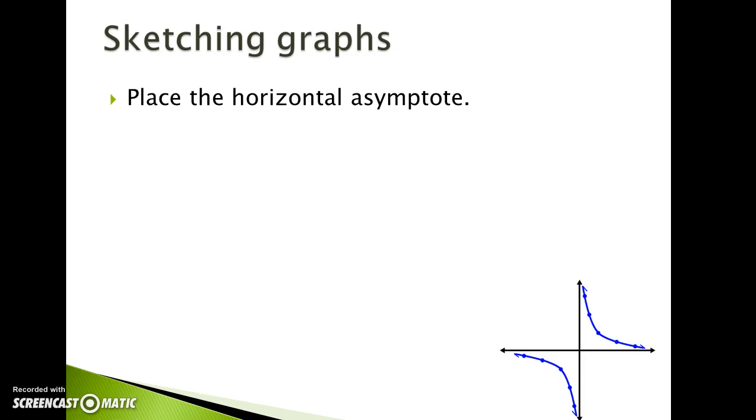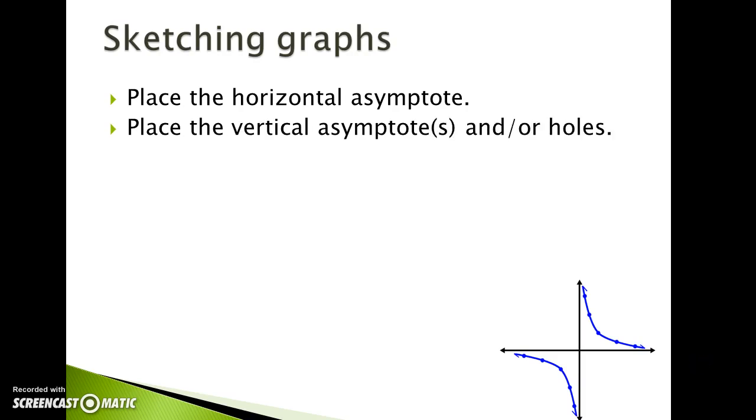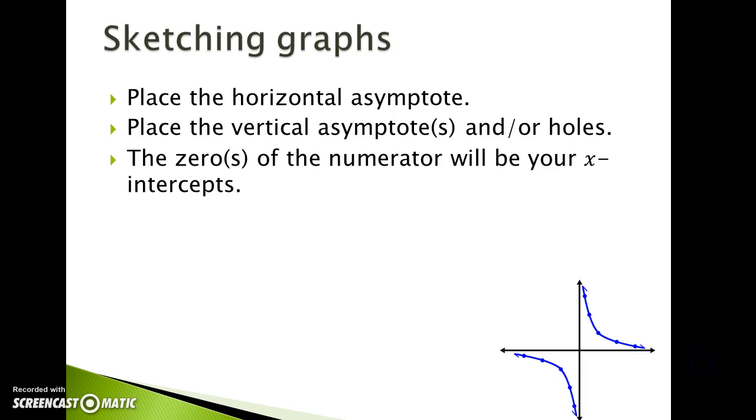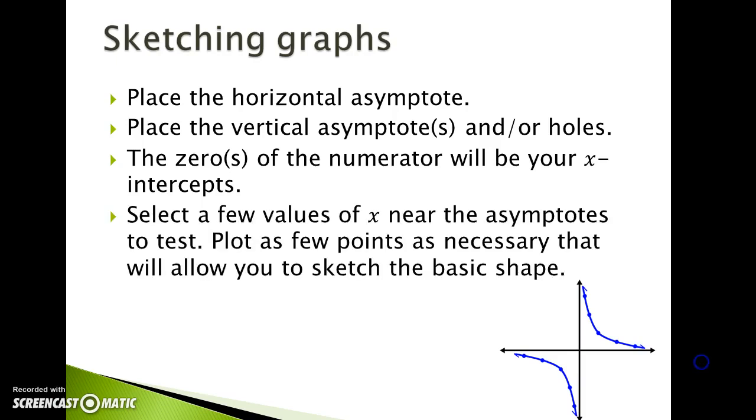Sketching graphs, a couple of rules to keep in mind. First thing you want to do is place the horizontal asymptote. Second thing you want to do is place the vertical asymptote and or holes. Remember that these asymptotes you can sketch with a dashed line. The zeros of the numerator will be your x-intercepts, so they will intercept the x-axis.